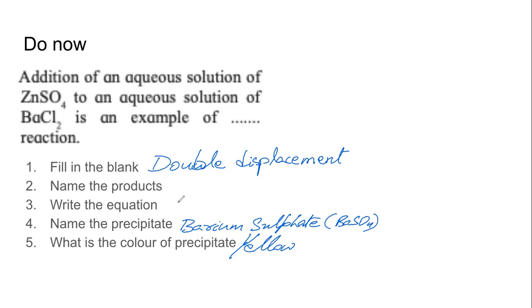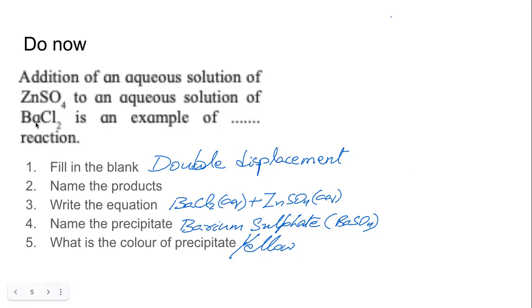Because when I try to write this reaction where we are adding ZnSO4 to BaCl2, so BaCl2 aqueous, we are adding zinc sulfate solution, so aqueous. Now this equation already looks like something that we have studied, which is a double displacement reaction.